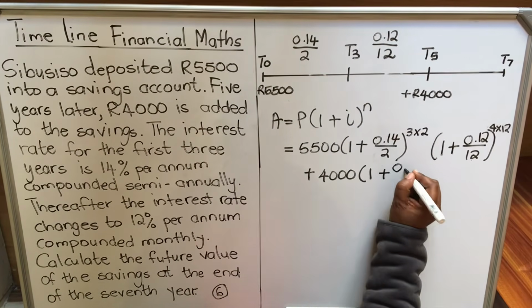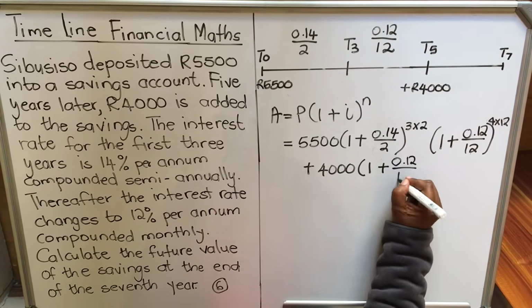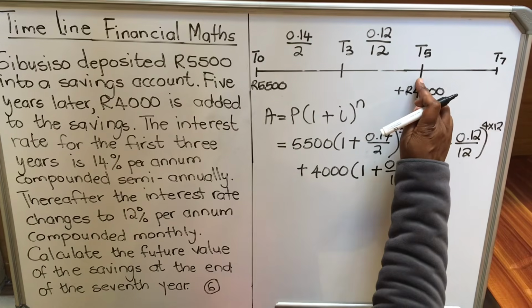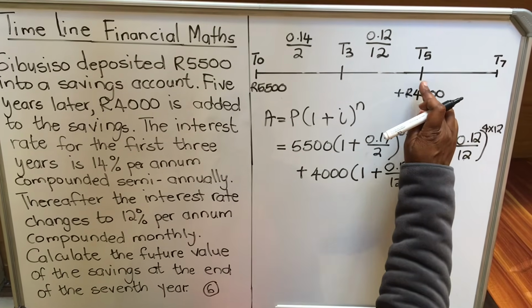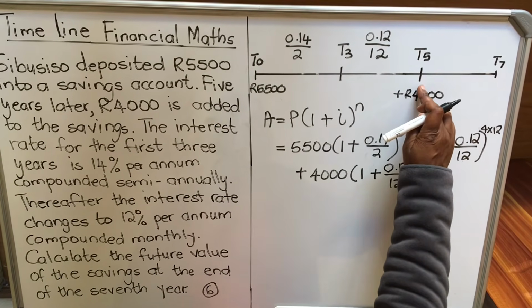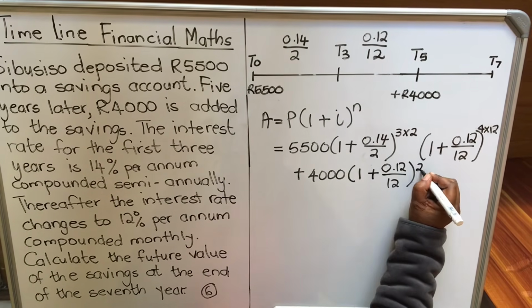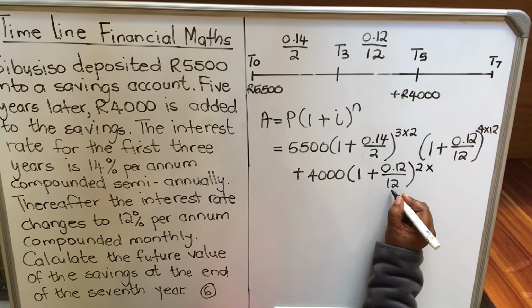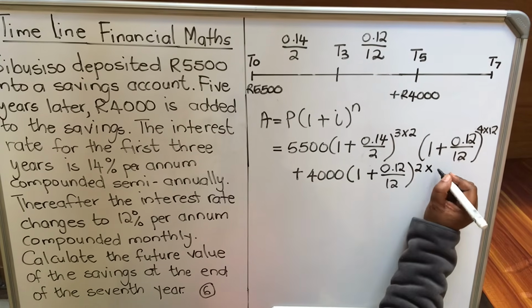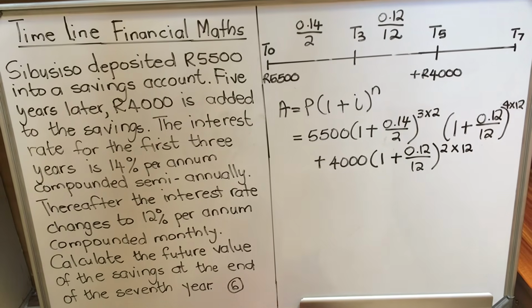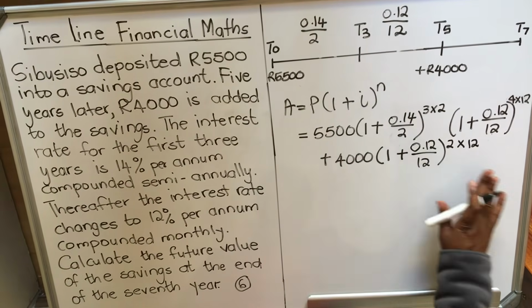So we're going to have 0.12 divided by 12. Now you have to say, if they deposit the money in year 5, how many years did the money stay in the bank? Year 5, year 6, year 7. So it was 2 years, but you have to multiply it with a 12 because it was compounded monthly.